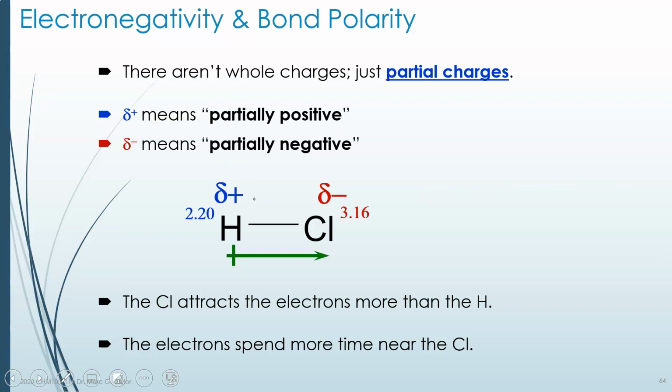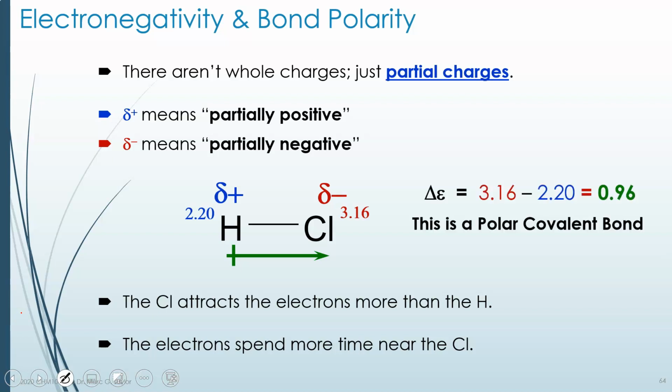So this symbol right here, the delta plus means a partial positive charge, whereas the delta minus means a partial negative charge. And so bonds can be represented this way, and depending on the difference, we can tell which of those four types of bonds from the previous slide it is. In this case, this is a polar covalent bond.